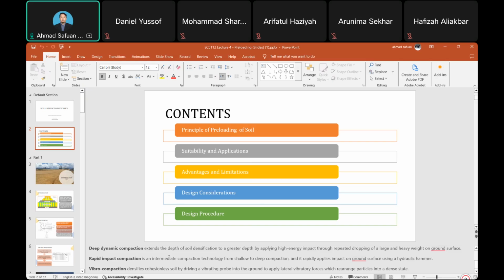However, the concept of preloading is a little bit different, where the process of compaction or compression happens by reducing what we call the void ratio, because we understand that in soil there is three-phase material, where we have solid, air, and also water.